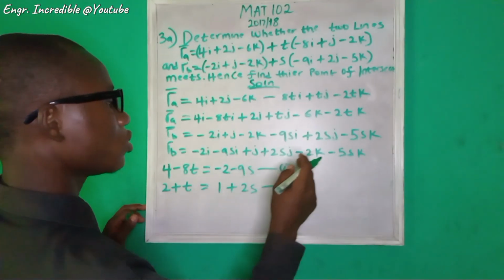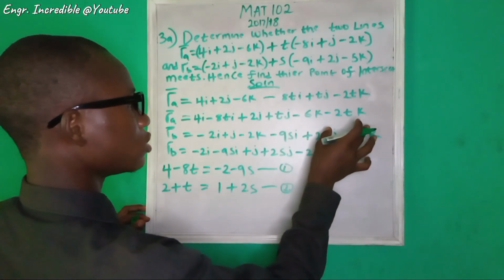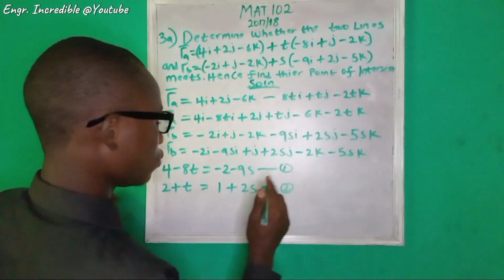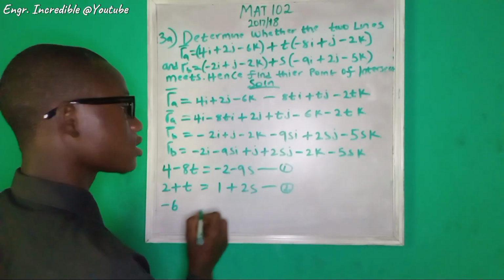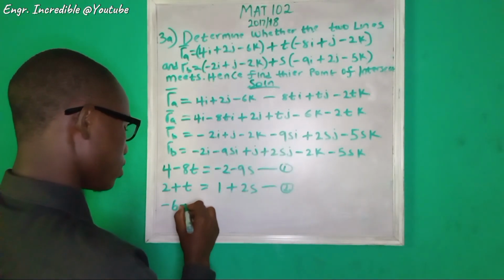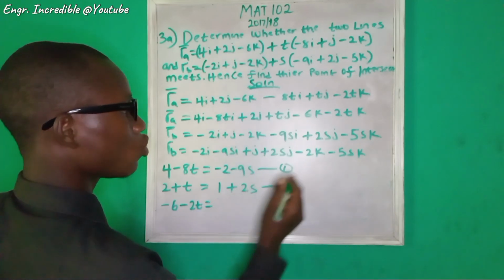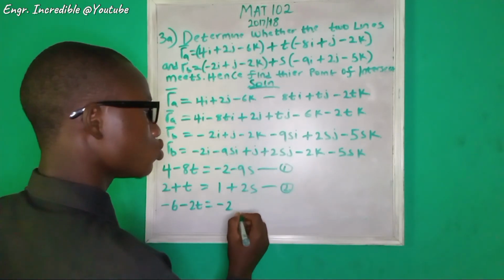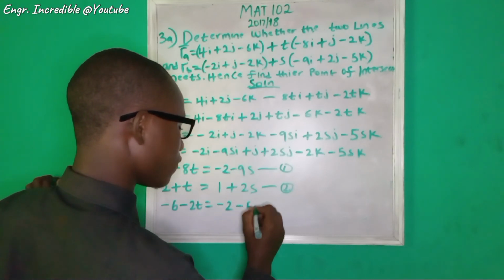Then on the third side, for k, we have -6 - 2t equals, on this side, -2 - 5s.